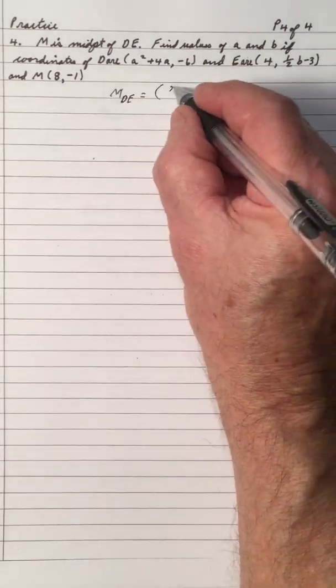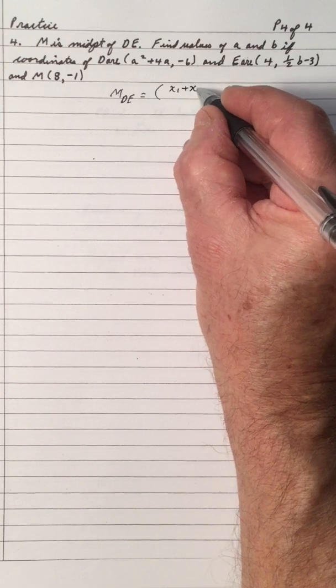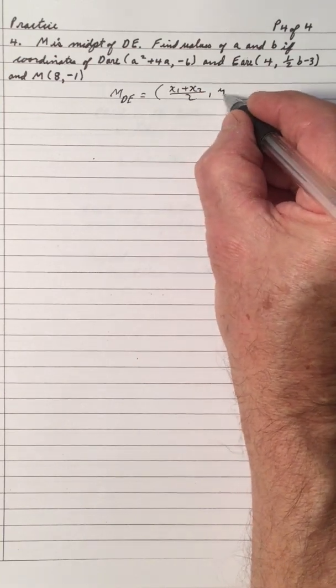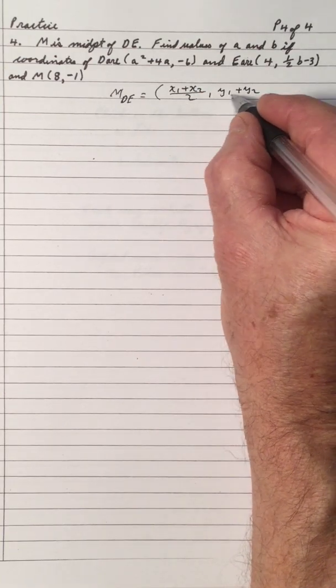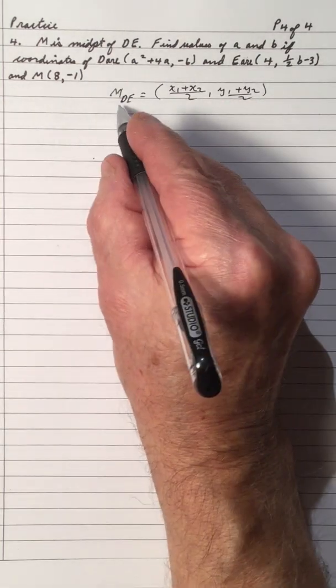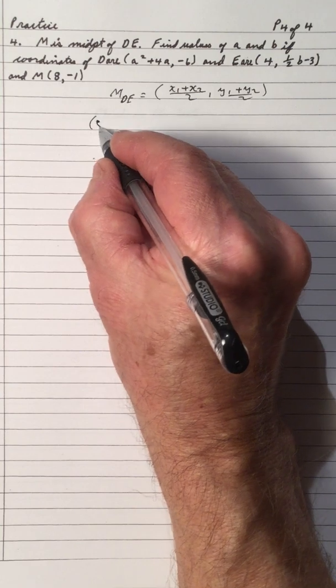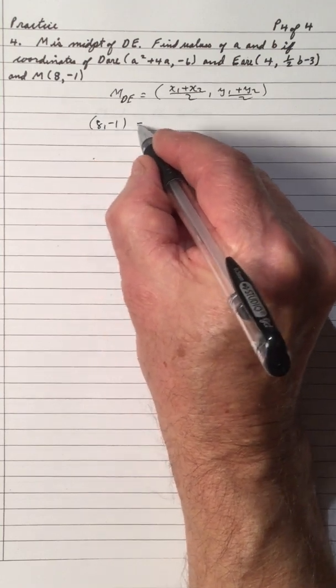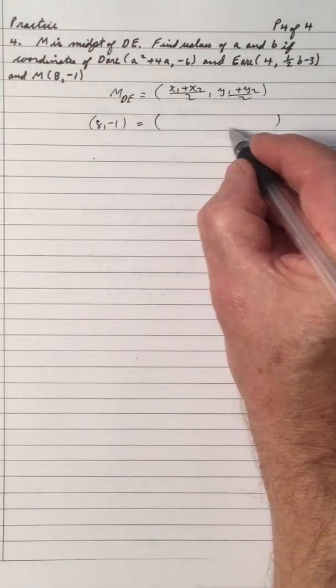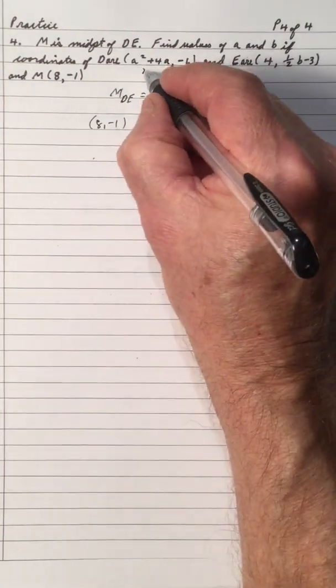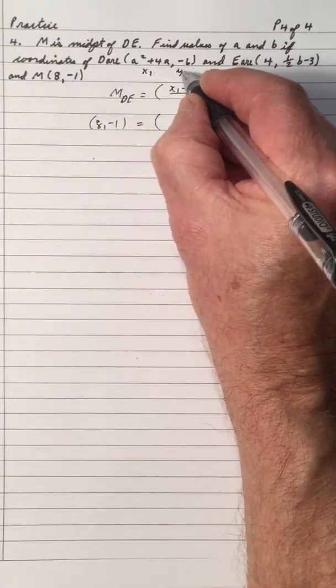So we have, again, just write it down: x1 plus x2 over 2, y1 plus y2 over 2. And the midpoint is already known, so that's 8 and negative 1. Let's fill these in. This is x1, y1.